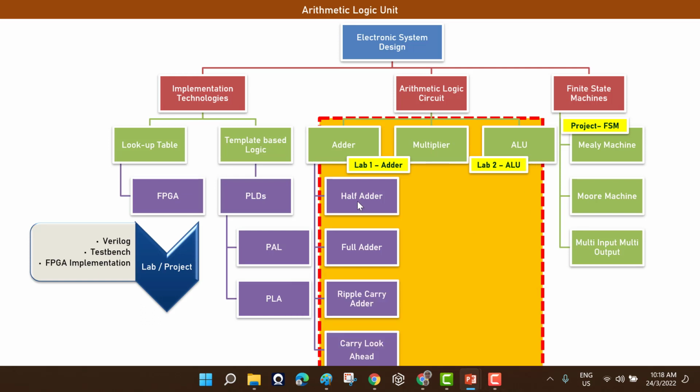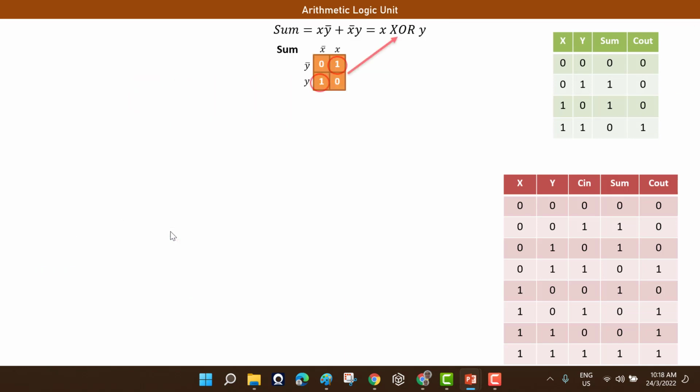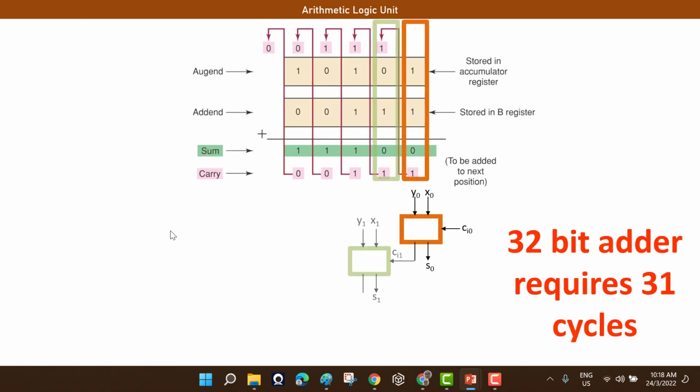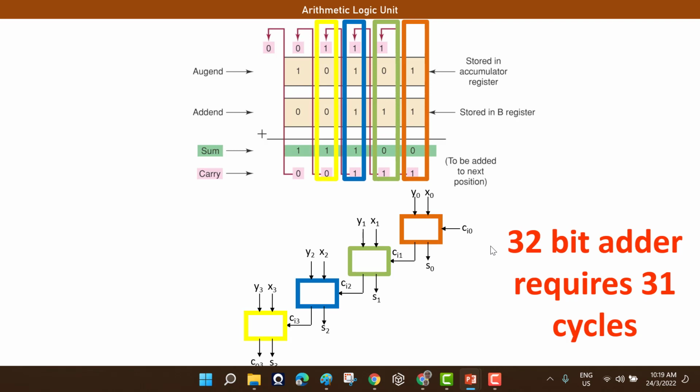Let us revisit this adder process. So this is adder, half adder and full adder. When you have a half adder or a full adder, you can only cater 1 bit process per time.